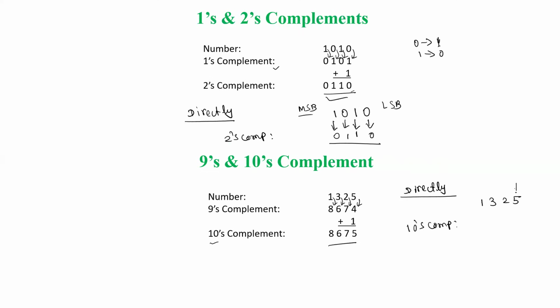So 5 is the first non-zero digit, so we subtract it from 10. 10 minus 5, 5. Remaining digits should be subtracted from 9. So 9 minus 2 is 7, 9 minus 3 is 6, and 9 minus 1 is 8. You can see that both results are the same. So like this, we are able to perform the complements.